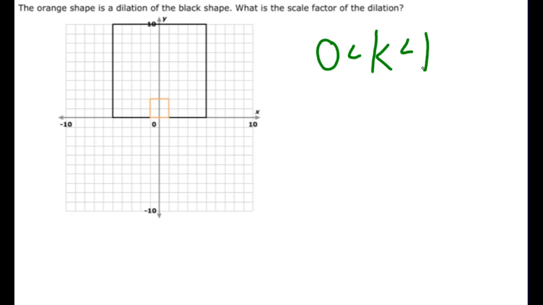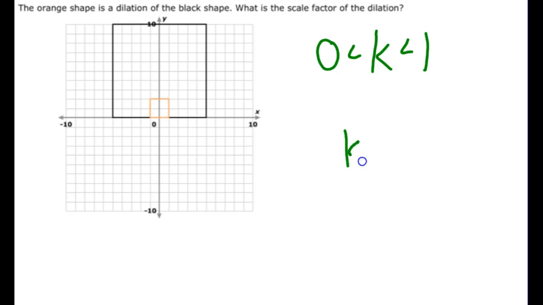So if we just look at this bottom part, we have a distance 1, 2, 3, 4, 5 units for the pre-image, and a distance of 1 unit for the image. So we need to determine what do we have to multiply by 5 to get a value of 1.